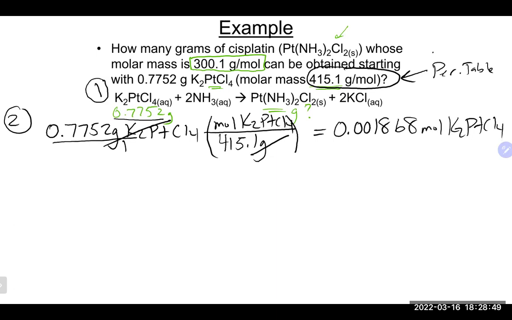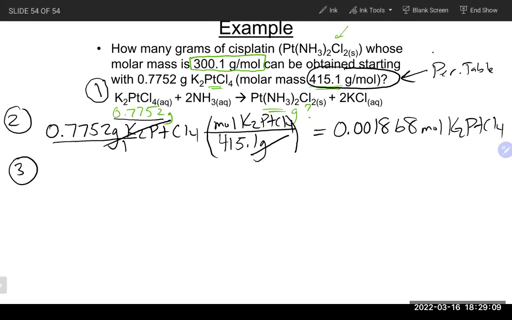Any questions on that so far? I personally would take it to a few digits here and clean it up at the end. Actually, it's going to be about 4 sig figs at the end anyway, but somewhere around that place would be right. Other questions here? Okay, so step number 3 is the big stoichiometry spot.